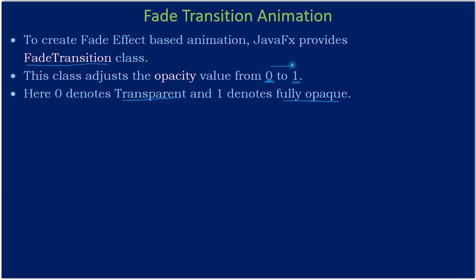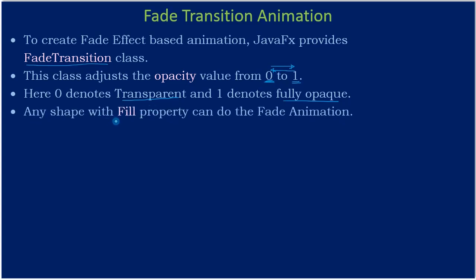When it moves from here to here, it looks like the object is appearing, and when it moves back from 1 to 0, it looks like the object is slowly hiding. Any shape with fill property can do fade animation, and you can use the FadeTransition class on a shape which supports the fill property.